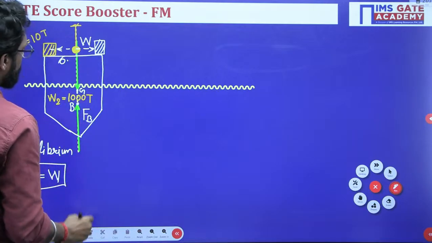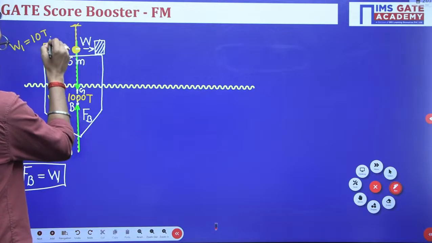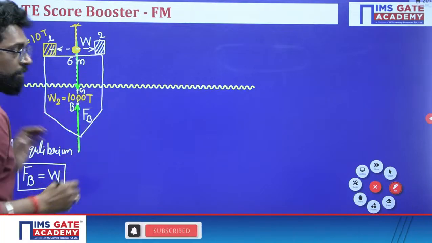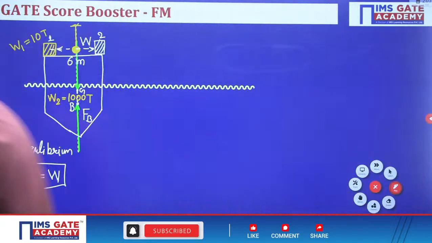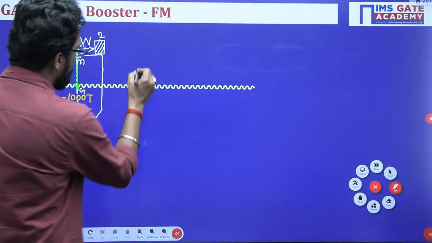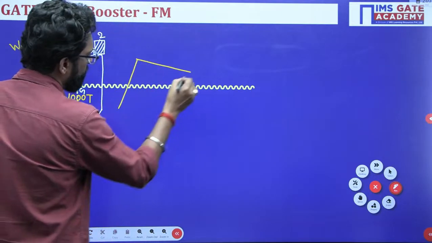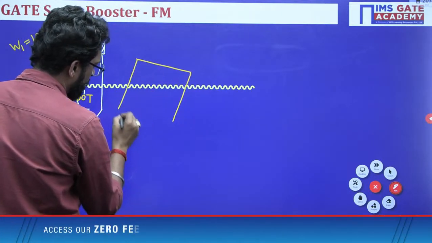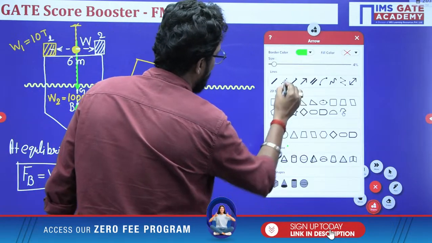This weight is shifting 6 meter from this point 1 to this point 2. Due to that, the ship will tilt like that.